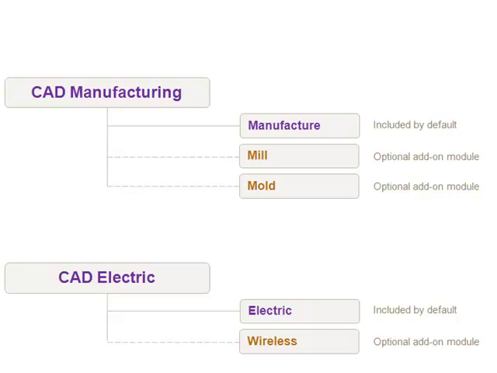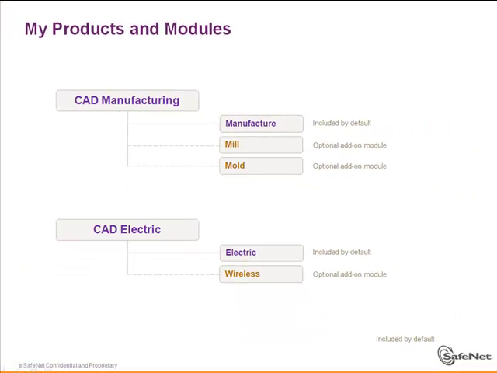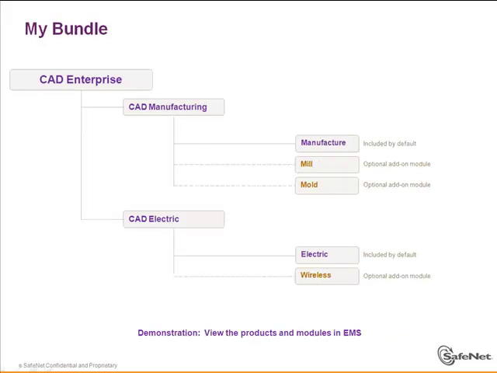And with the CAD Electric product, they would get the Electrical feature by default, and they can choose to purchase a Wireless add-on that allows them to do wireless stuff. And then of course my bundle, which I call CAD Enterprise, is a combination of CAD Manufacturer and CAD Electric. Each of those products has the same modules that we looked at before, simply because it's a bundling of each.